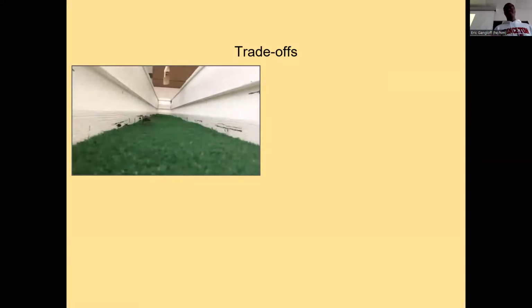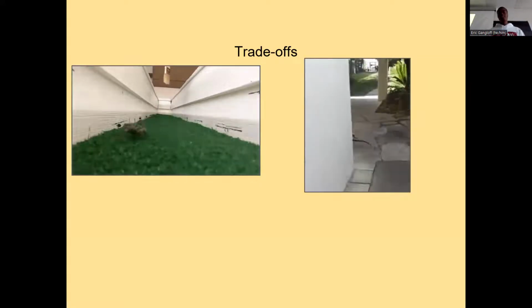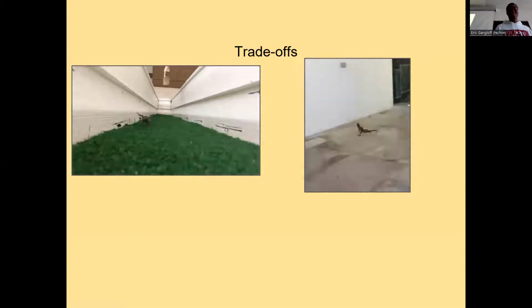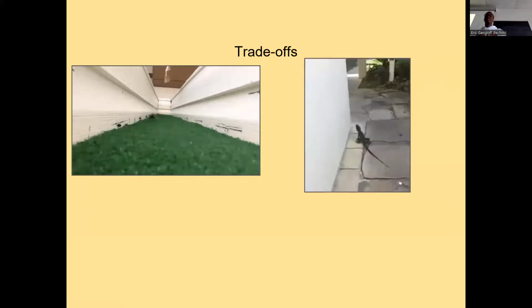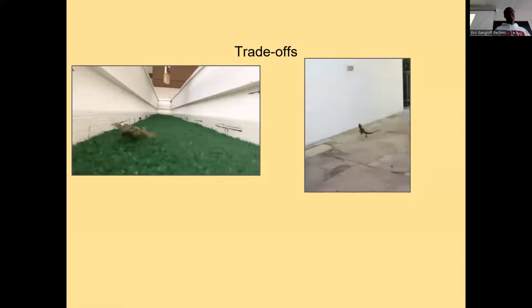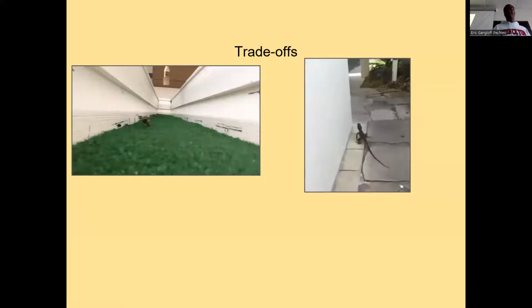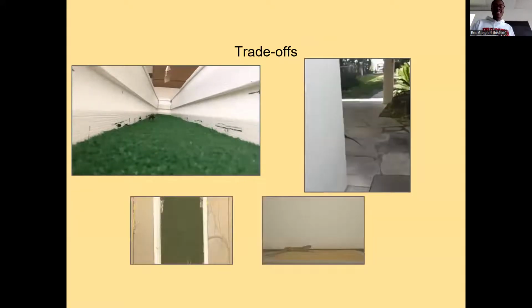Another great example is this sort of sprint speed versus maneuverability, and we touched on that a little bit in the paper, right? So the faster you go, the more likely you are to just run into stuff because you can't control your motion at that high of a speed. Yeah, so that's not very fun.